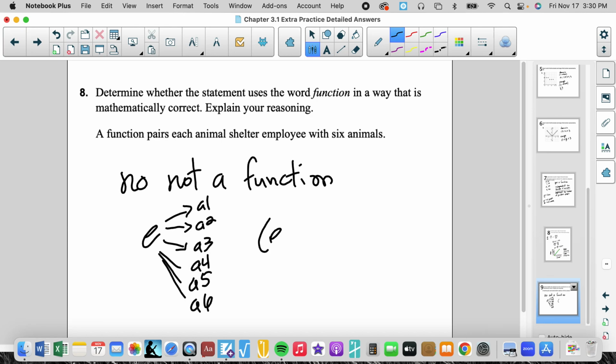So there is no unique employee for each animal. So I would say no. You would only need 1 employee for 1 animal, would be 1 unique input.